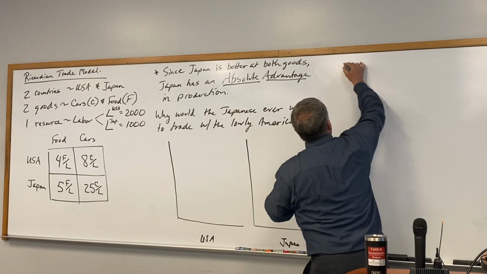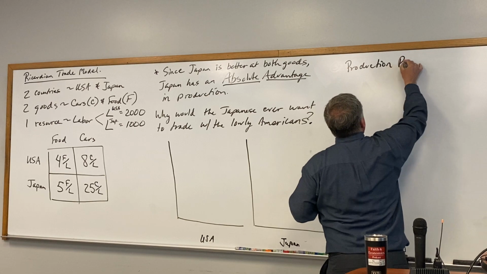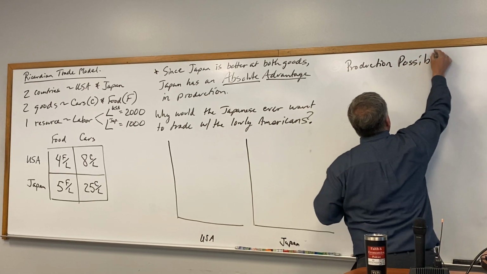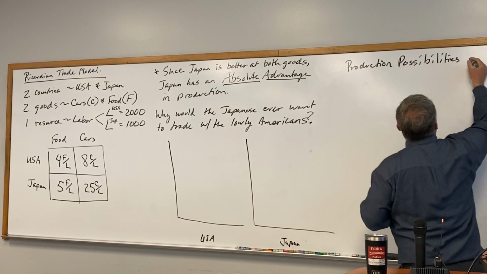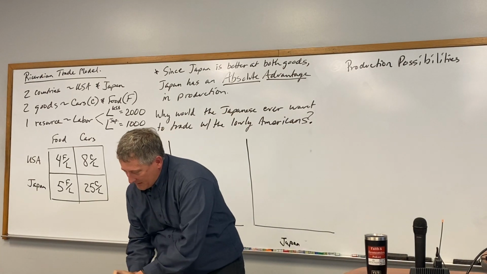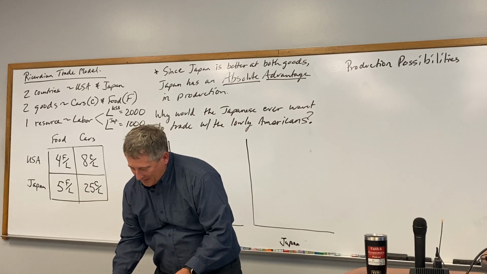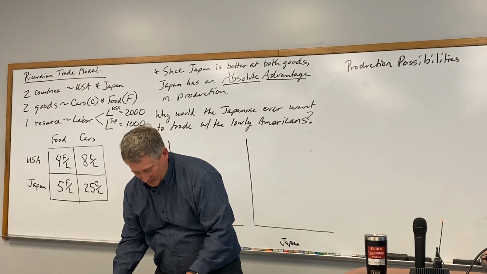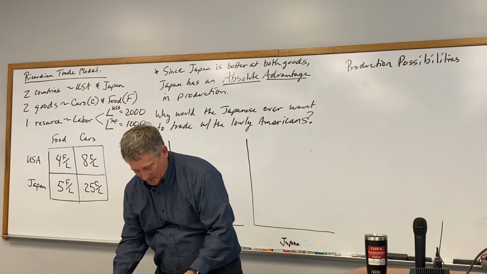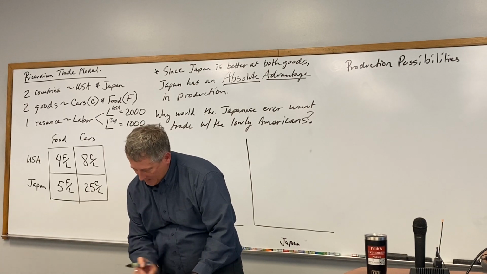So the production possibilities, and now I have to check. I feel like I should have this down. We either call it the frontier and they call it the curve, I think. Oh, for crying out loud.